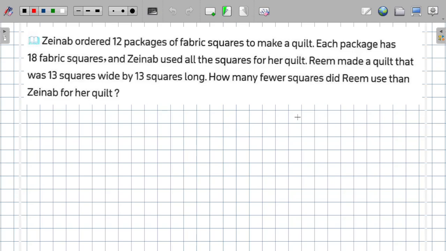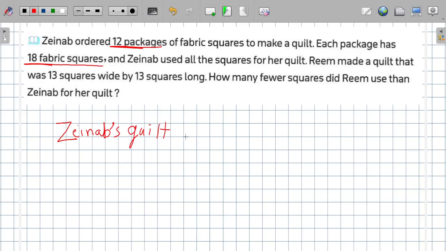Okay, so let's begin with Zainab's quilt. So I think the number of squares in Zainab's quilt will be like that. She ordered 12 packages of fabric, and every package has 18 fabric squares.